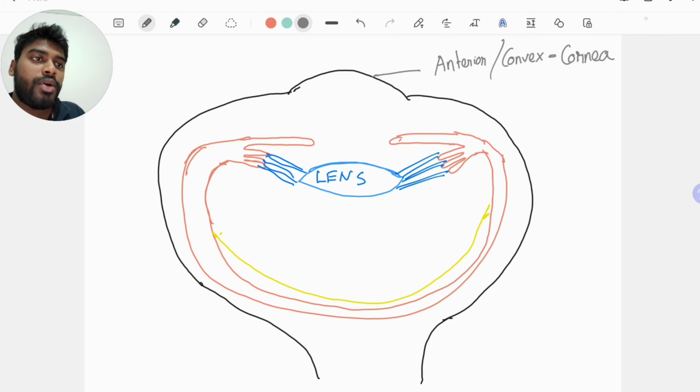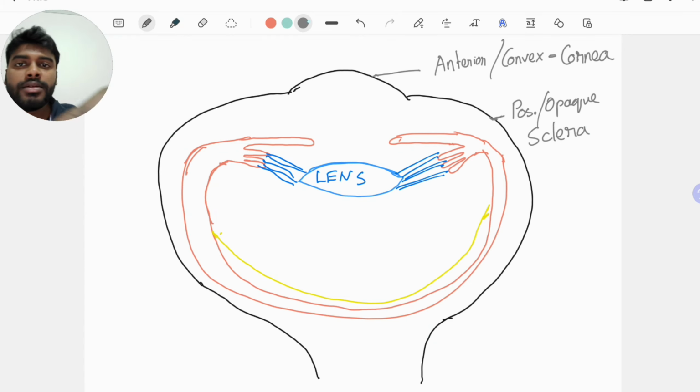Then in the posterior, which is opaque, this is your sclera. This is your sclera, and this is your cornea.